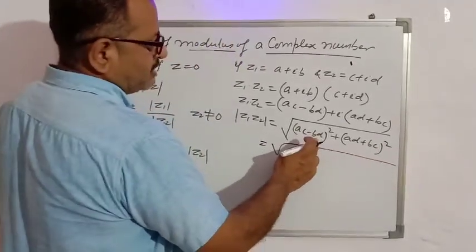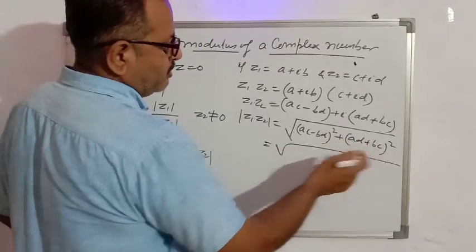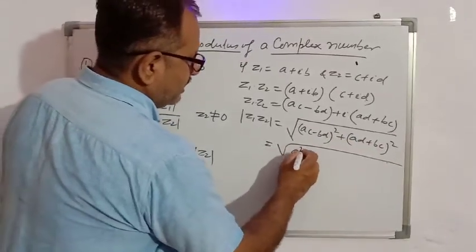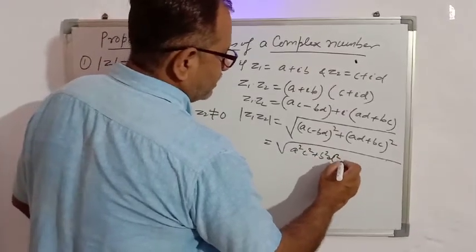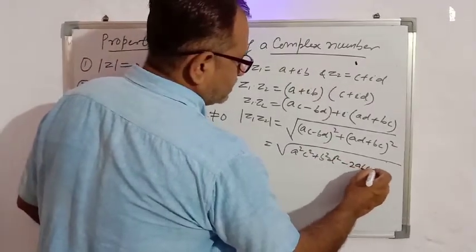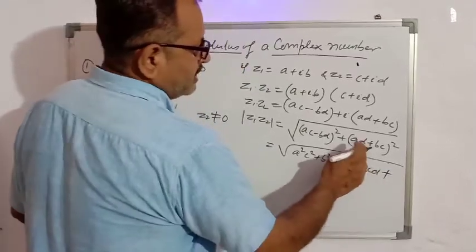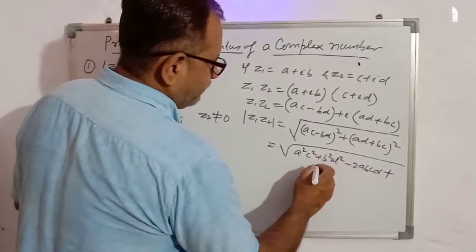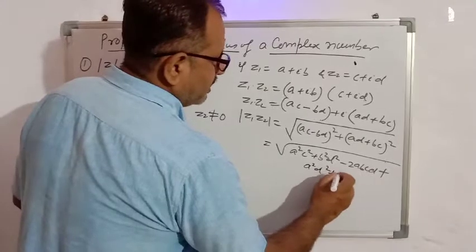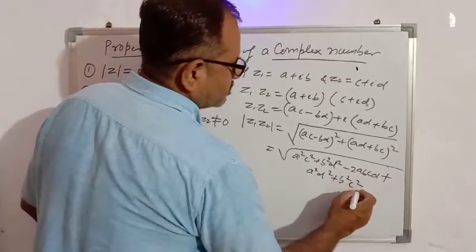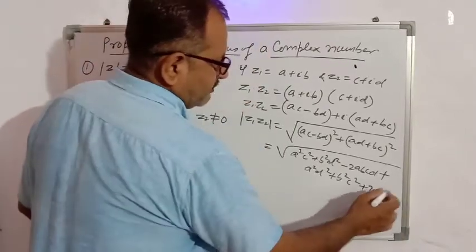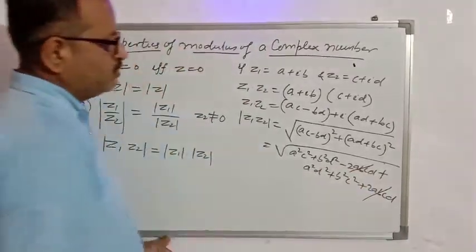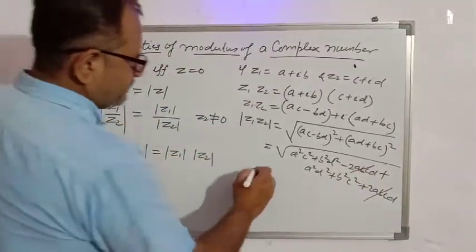Use here the a minus b whole square and a plus b whole square identities. a square c square plus b square d square minus 2abcd, plus a square d square plus b square c square plus 2abcd. We can cancel minus 2abcd plus 2abcd.